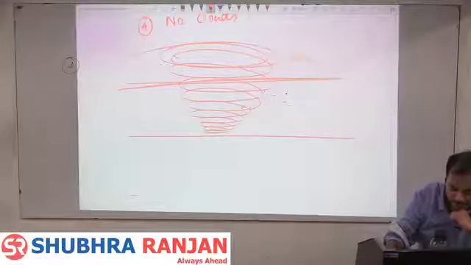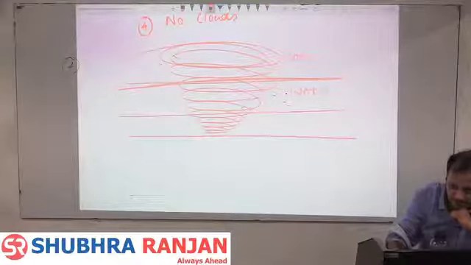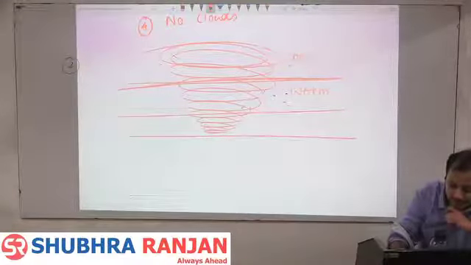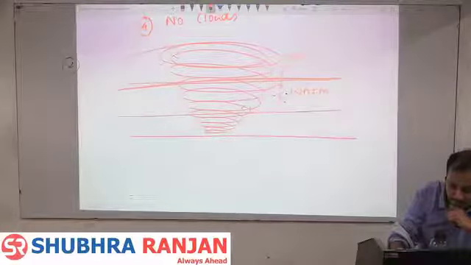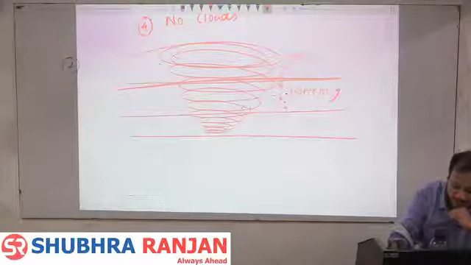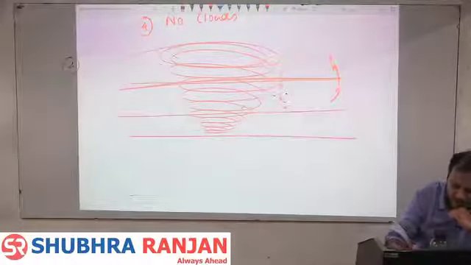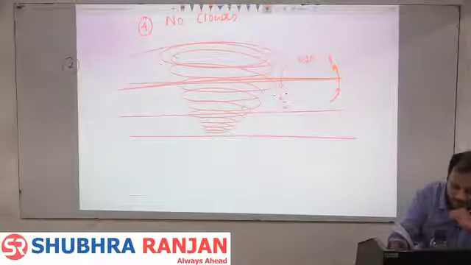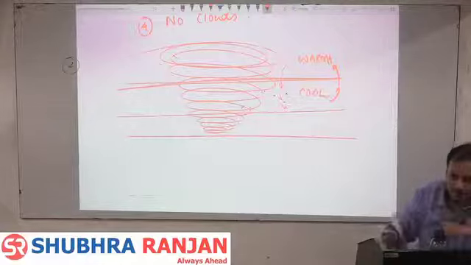It will become very cool. नीचे का environment is warmer. This cool air will then, because of higher density, will subside और वो नीचे आएगा, pushing the warm air which is lighter upwards. So it will result into, ultimately the final result will be ऊपर warm air चली जाएगी, नीचे cold air रहेगी.